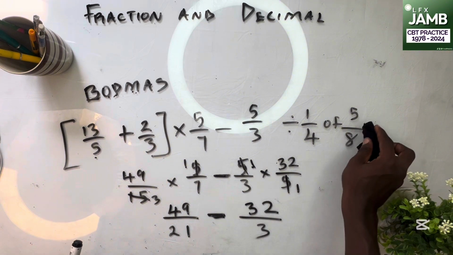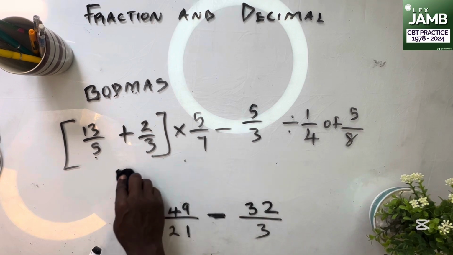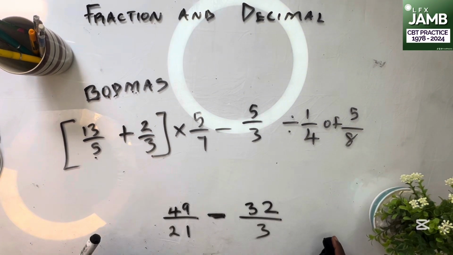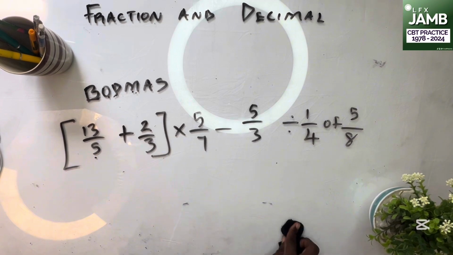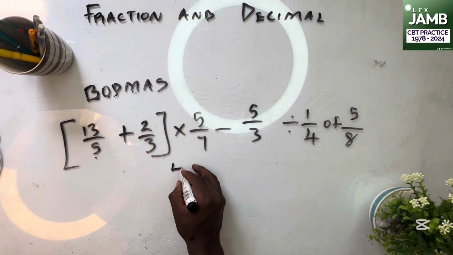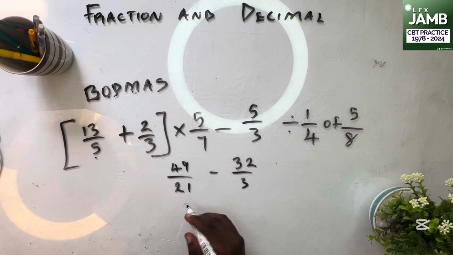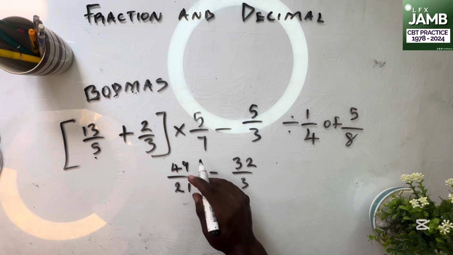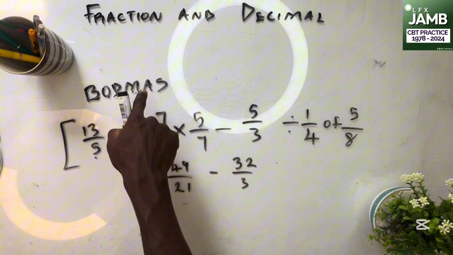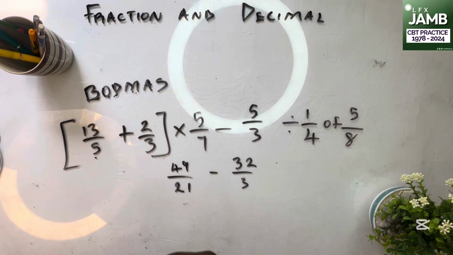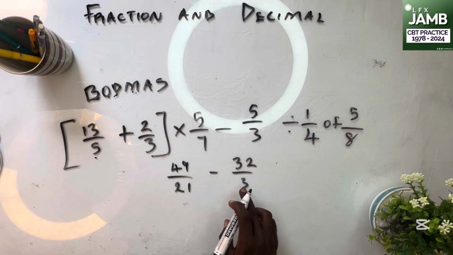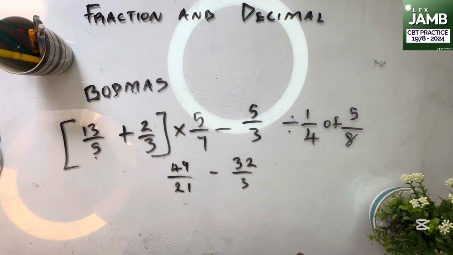So we can subtract now. We have 49 over 21 minus 32 over 3. Remember, we have to find the LCM. I said it, when you are operating addition and subtraction, they must have a similar denominator. So that is the essence of finding the LCM. When you have 21 and 3, find the LCM quickly, 5 seconds. Correct, your LCM is 21.